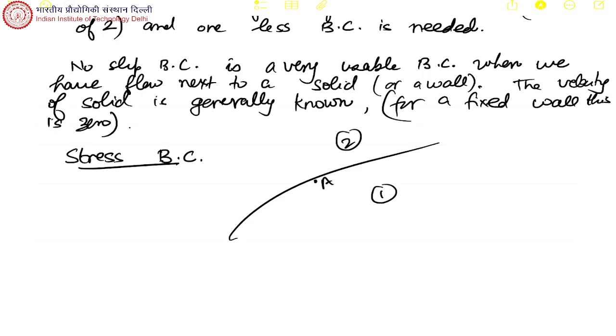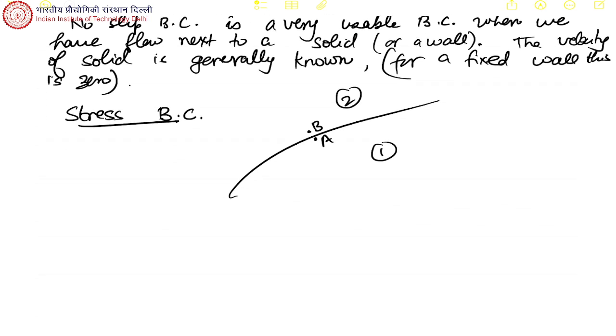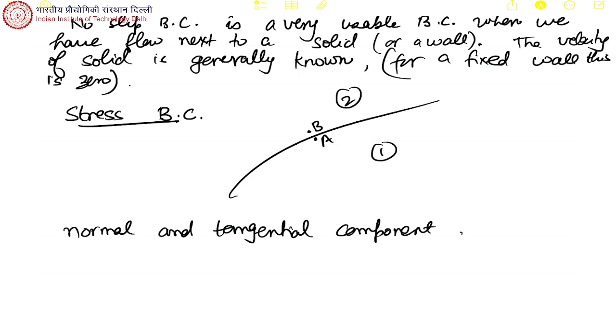Let us say this is point A, this is point B, and the stress boundary condition becomes that normal and tangential components of stress are equal at A and B.